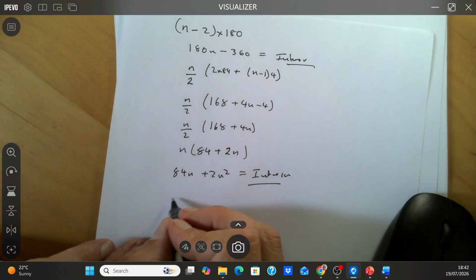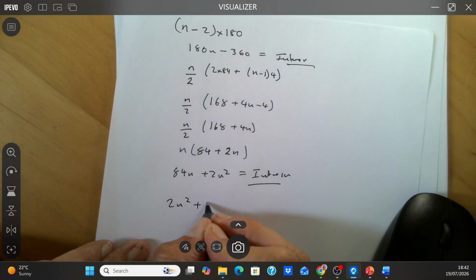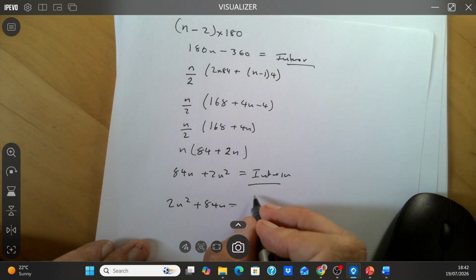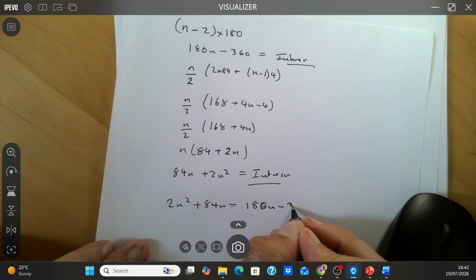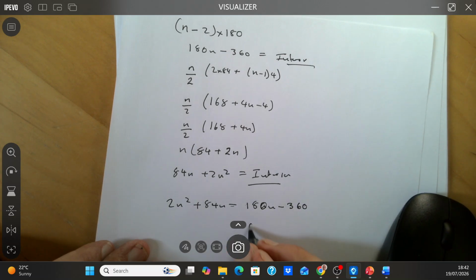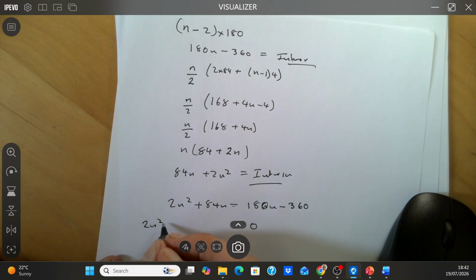These two must equal each other, so 2n squared plus 84n must equal 180n minus 360. So if I do that, that gives me 2n squared take 98n plus 360.